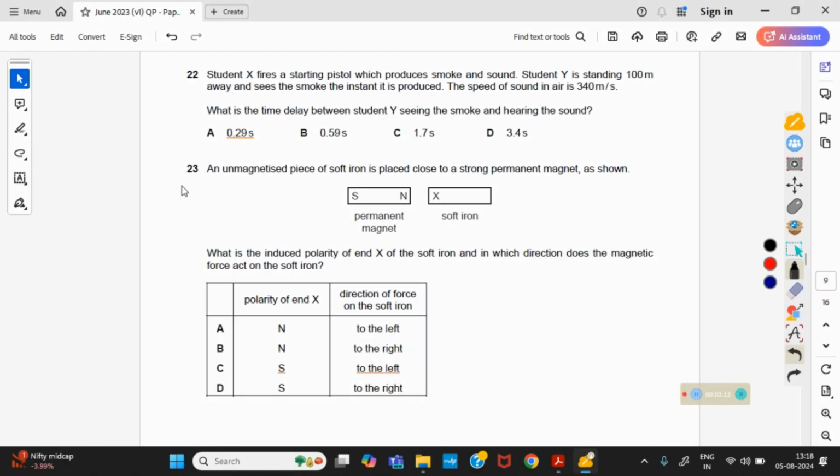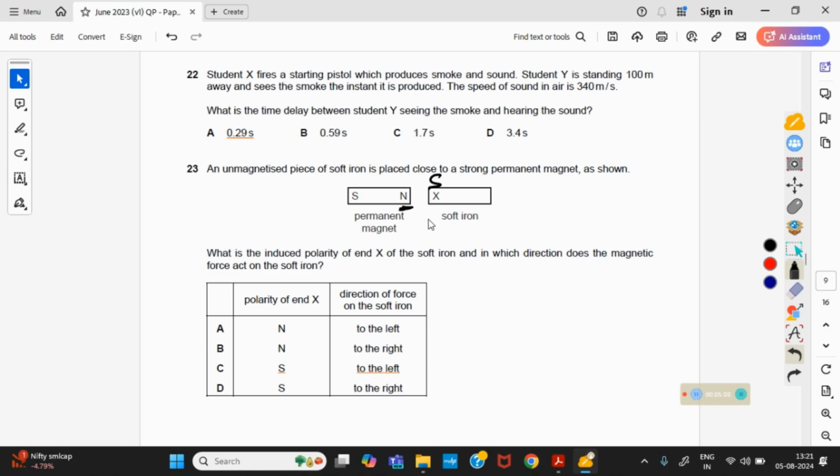Question number 23. An unmagnetized piece of soft iron is placed close to a strong permanent magnet as shown here. What is the induced polarity of end X of the soft iron, and in which direction does the magnetic force act on the soft iron? Now this is a north pole and north pole attracts south pole.